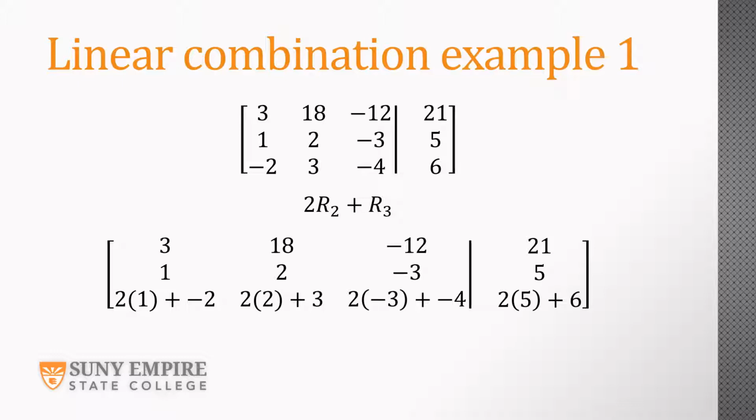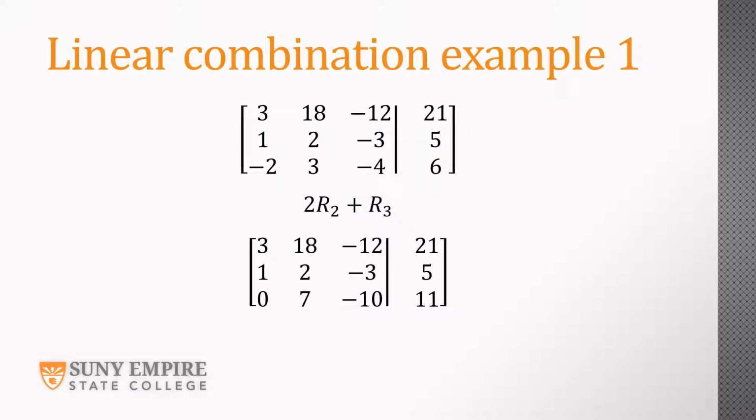To actually do the linear combination, we multiply each entry in row 2 by 2 and add that product to the number beneath it in row 3. We have 2 times 1 plus negative 2. 2 times 2 plus 3. 2 times negative 3 plus 4. And 2 times 5 plus 6.